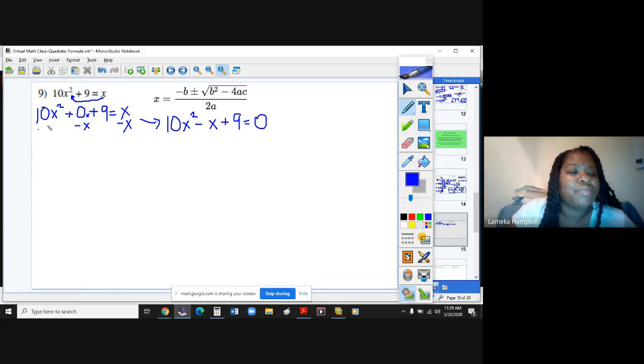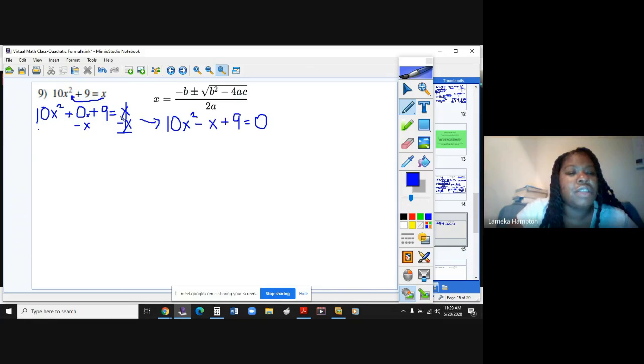Anyway, we started off with 10x squared plus 9 equals x. Remember, all quadratic equations equal 0. So I had to move my x to this side. When I do that, that's going to cancel out, and that's going to give me the 0 over here that I want.